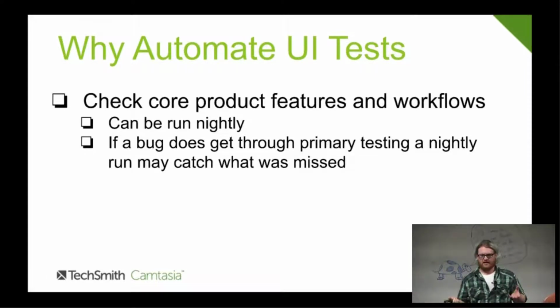We have an automated testing lab here at TechSmith that every night at 2 a.m. starts up the machine and runs our suite of automated UI tests, and then in the morning it's reported to our messaging system, telling us what systems it failed on and what it passed on, allowing us to go in and debug and figure out why it was broken, so that we can have quick turnaround figuring out bugs that are affecting our common use functionality.